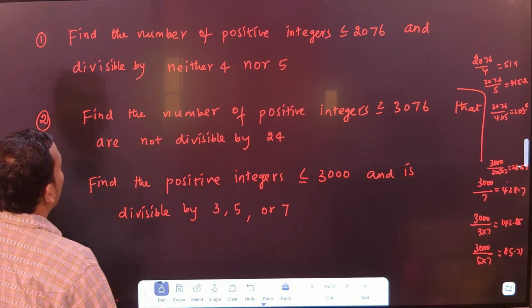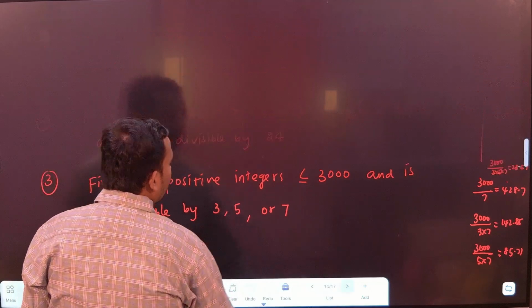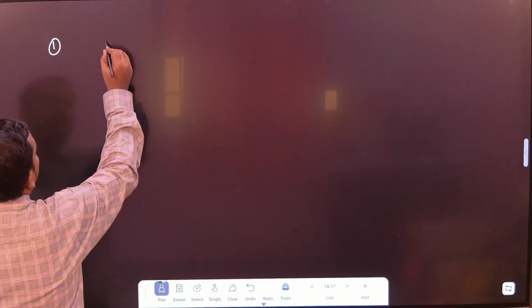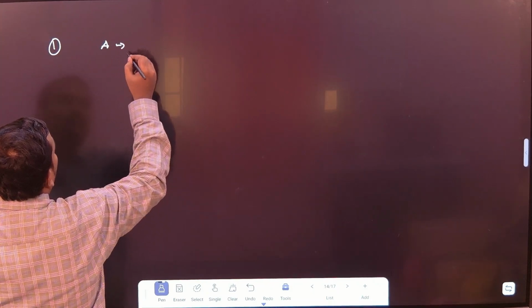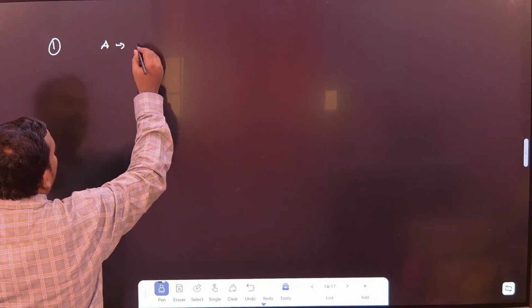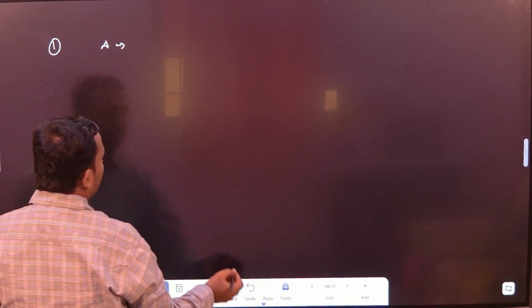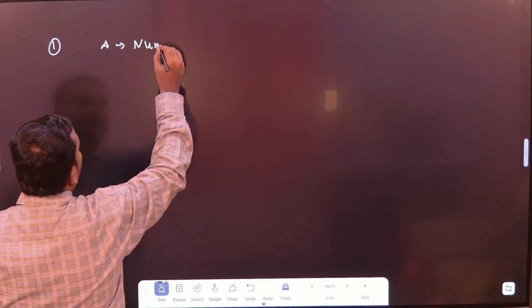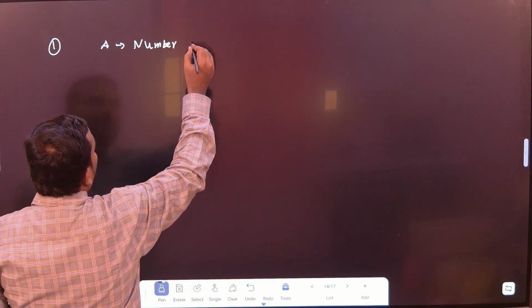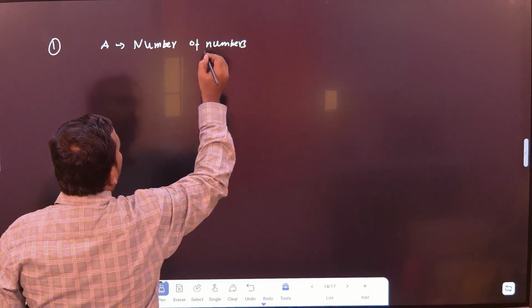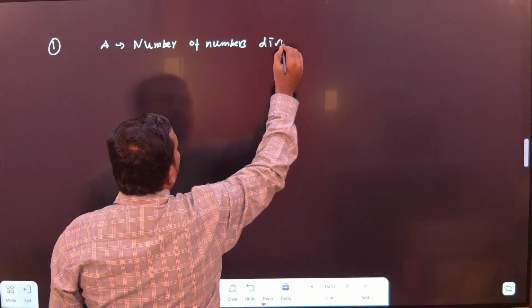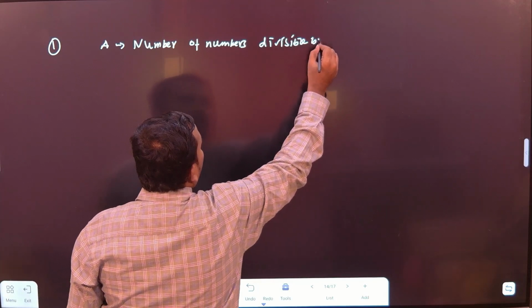Okay. Let's take the first question. You can see the first one, how to do this. Let's take A, the number of numbers divisible by 4.